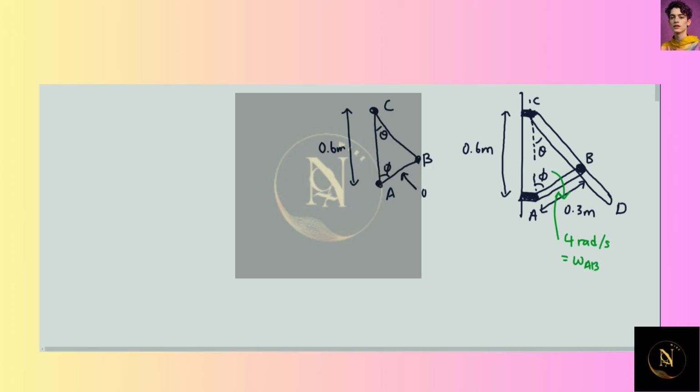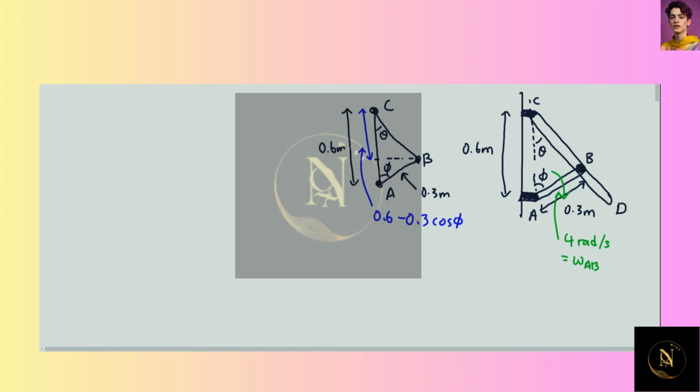And then this is 0.3 meters. And then this vertical length will just be 0.6 minus 0.3 cosine phi. So this is 0.3 cosine phi, and the remaining distance will just be the difference.